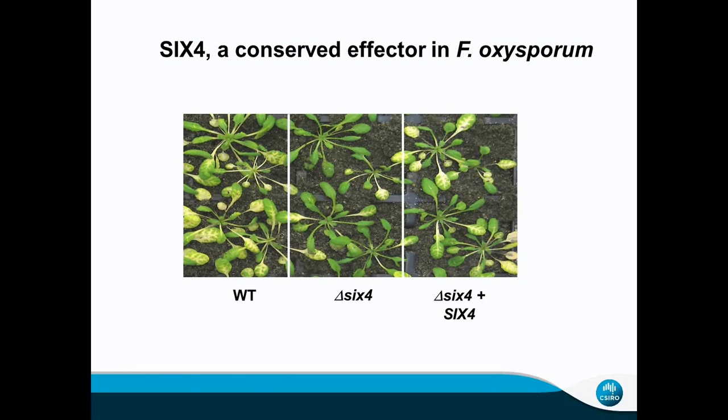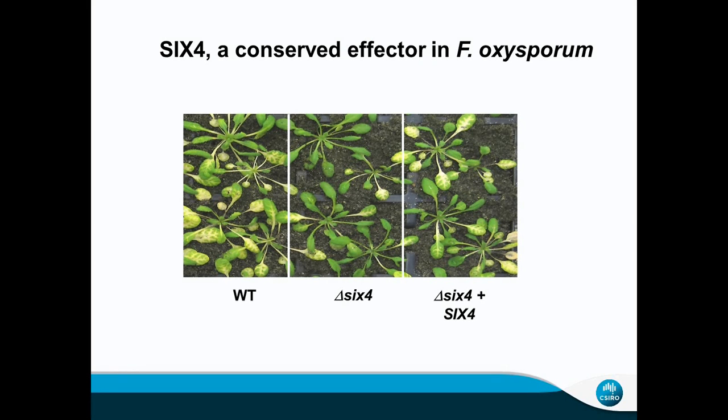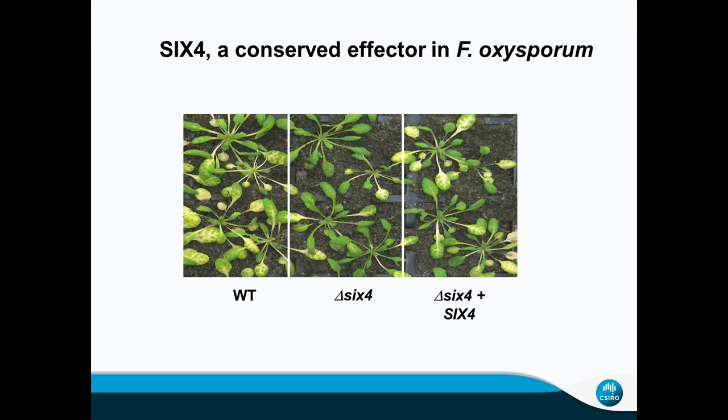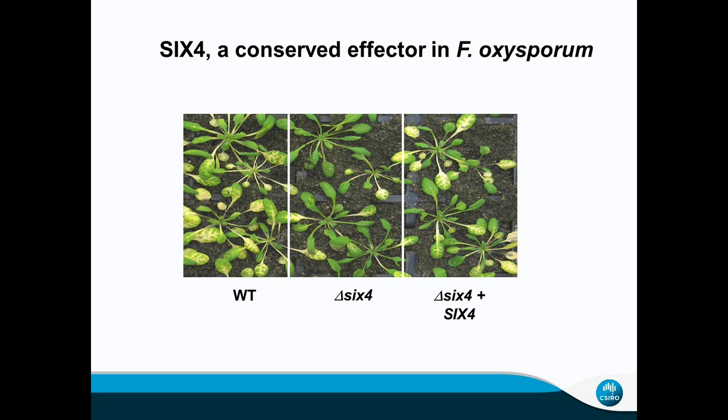So we have done some work to characterize whether this Six4 produced by the Arabidopsis-infecting Fusarium oxysporum strain has any role in virulence. One of the good things with these pathogens is that you can transform the pathogen to knock out the genes whose function you want to study.